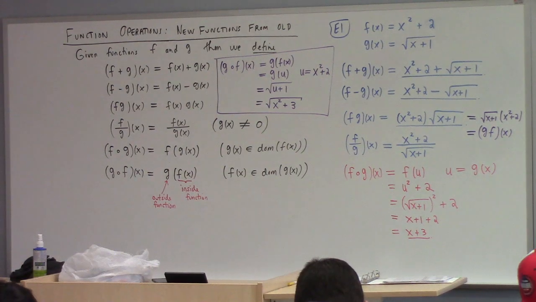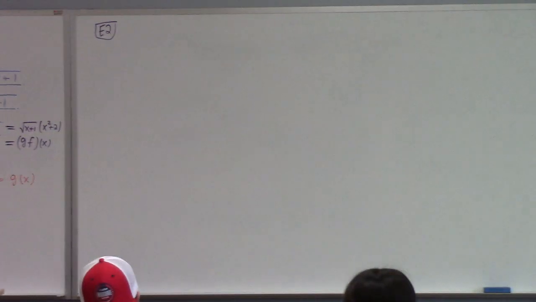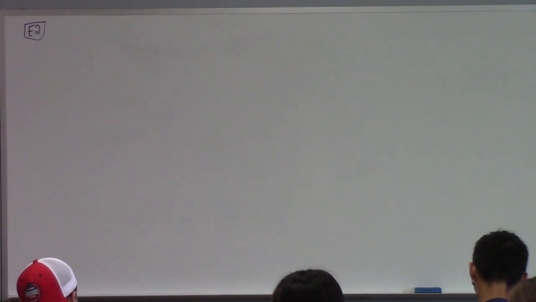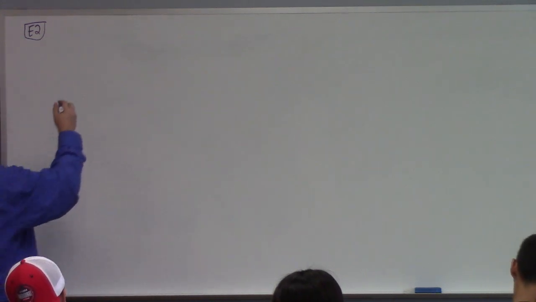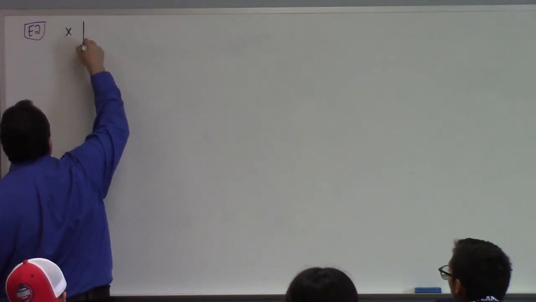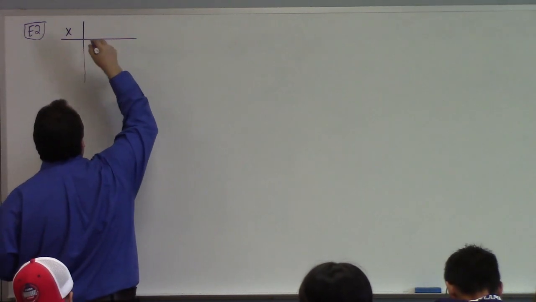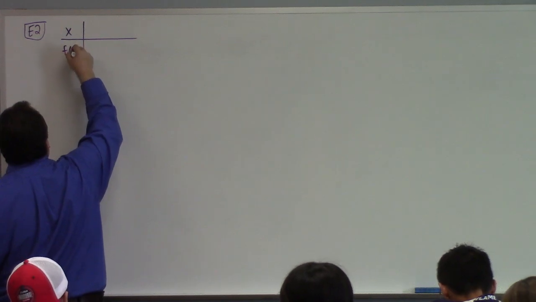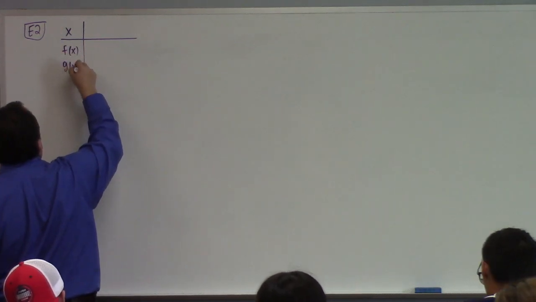All right, so let's look at another one. I'm going to make this next one so we don't have formulas. We have a table of values, let's say. Because we haven't done this yet, it would probably be good for me to talk a little bit about this. We could have x, f of x, and g of x.